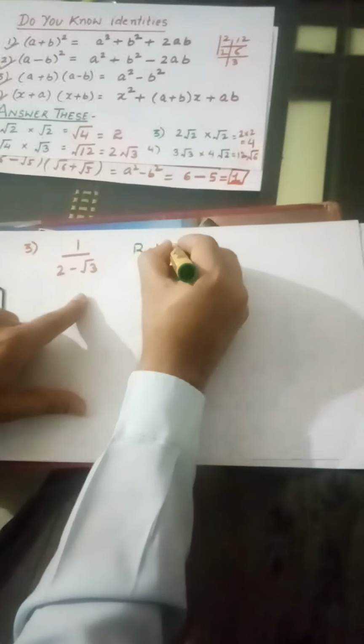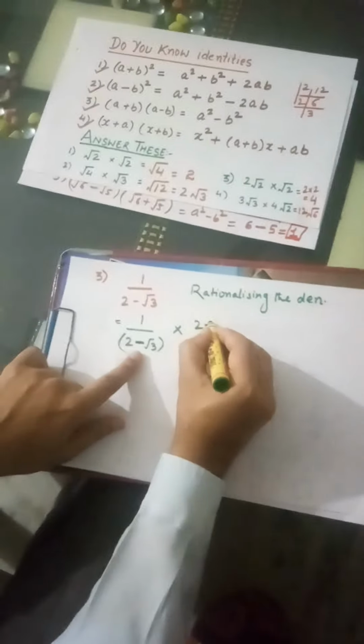So first write, rationalizing the denominator. So what is in the denominator now? 1 upon 2 minus under root 3. You can put it in brackets. Now you are going to write the full number in the numerator also, but remember, if it is a minus sign, it will come plus here.